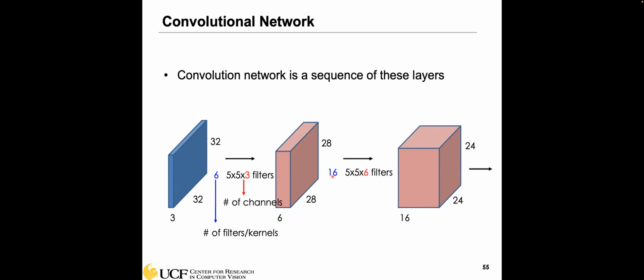If I use 16 of these filters, then I generate 16 feature maps. Then the spatial size is further reduced, to 24 by 24. So that's how you can stack different layers of convolution and generate different feature maps. Essentially, you process this information to generate different feature representations at different layers.